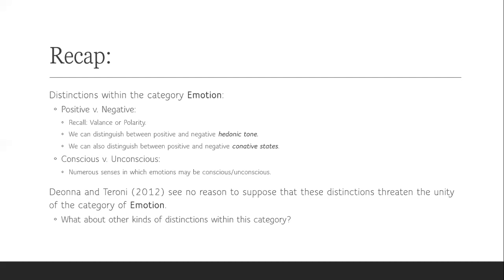Whether there are positive or negative emotions, or conscious and unconscious ones, it doesn't threaten the membership of any one of those particular emotions in the category of emotions, right? But there are, of course, other kinds of distinctions within the category of emotion that we could draw if we wanted to.